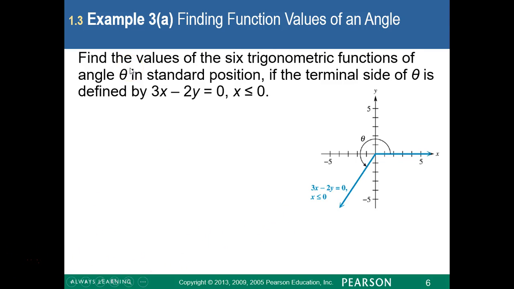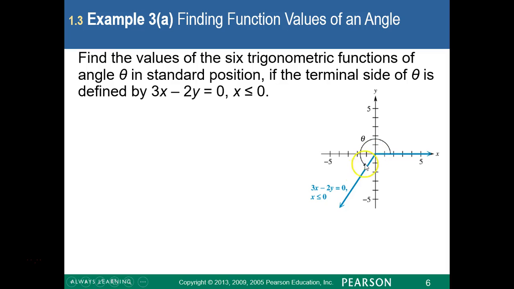Okay, I have two more examples to show you. This one is very much like the previous two, except it still asks us to find all 6 trigonometric functions of angle theta in standard position. But this time, our terminal side is defined by this line right here.